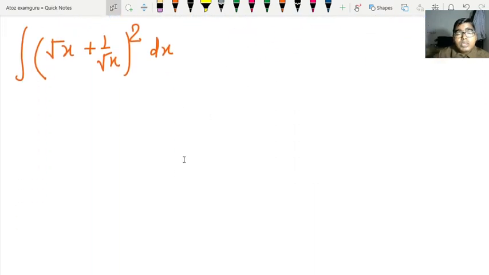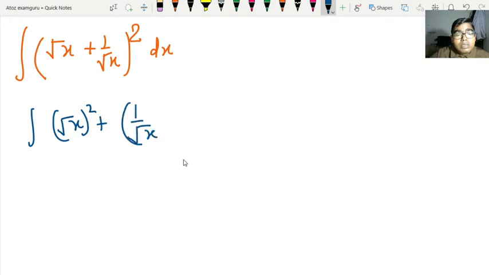Now move to next question. Now let us square x square plus 1 by root x, 2 into root x into 1 by root x.